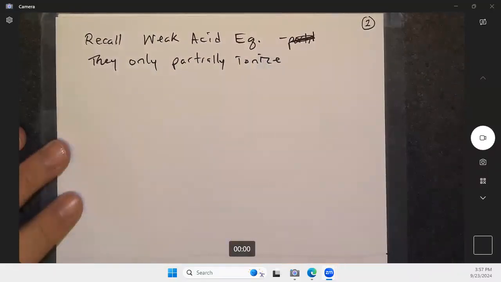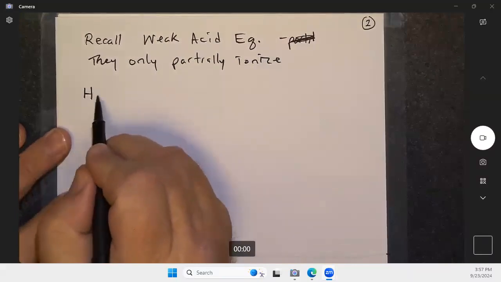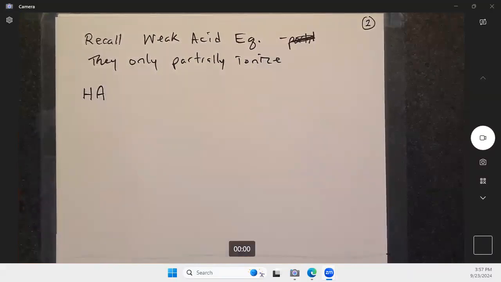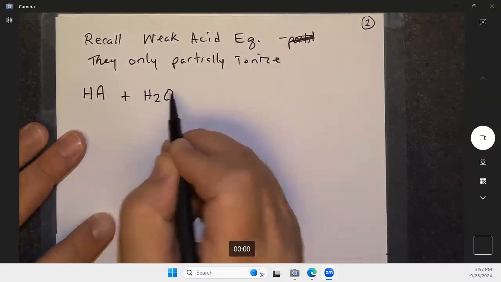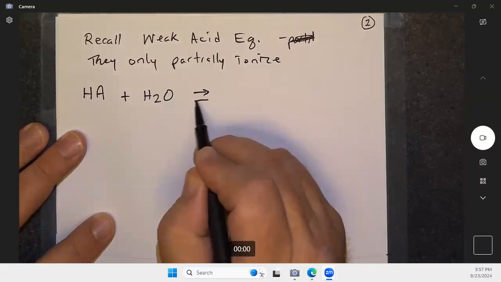And we've used the generic weak acid HA. We can write it, and in this case, let's do it like a Bronsted-Lowry acid.